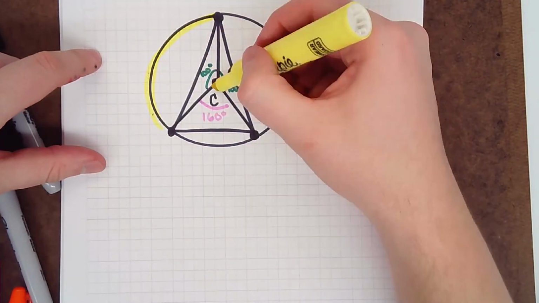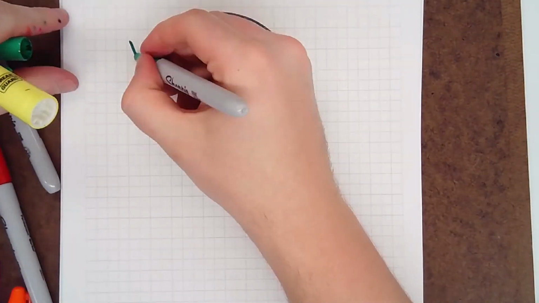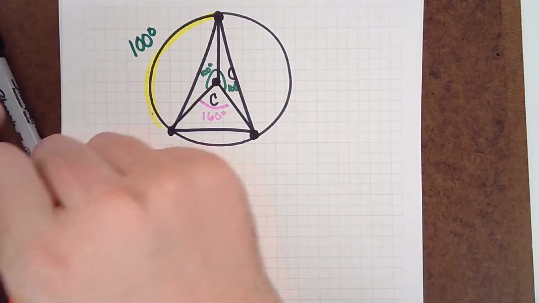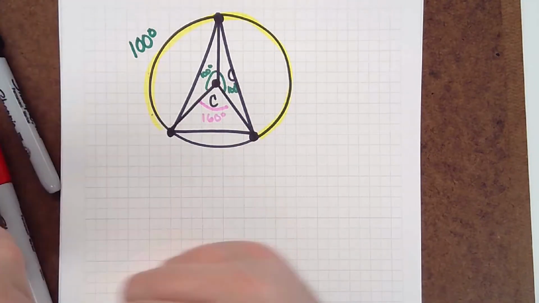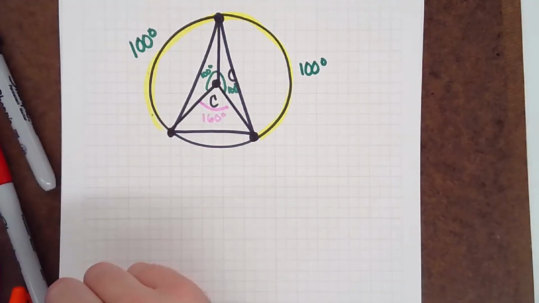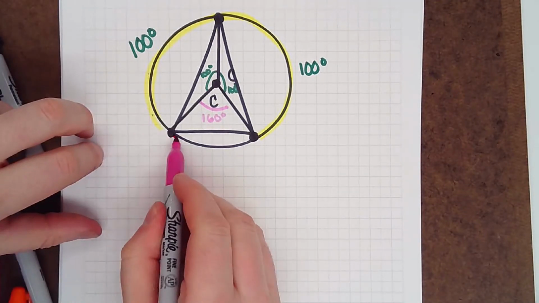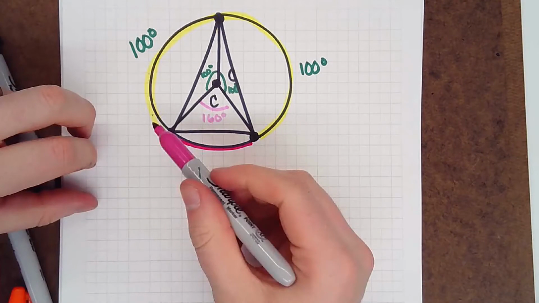We've got two radii here opening up to an arc. So this arc will be 100. And as well as this arc over here will also be 100, despite the drawing looking like it will be bigger. And that means that this arc here is 160. And this makes sense because if we take all the arcs, they should add up to 360.